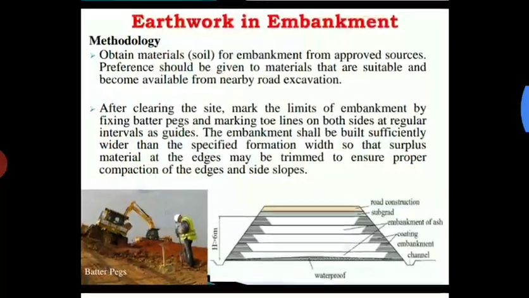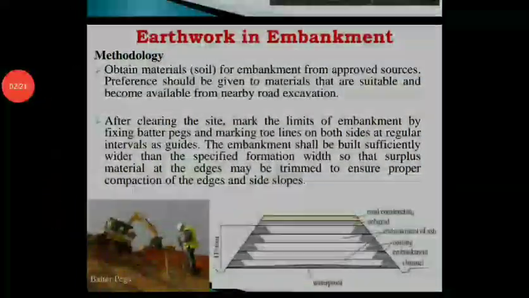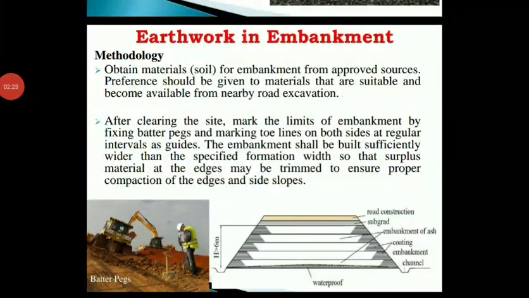First we'll see what an embankment is. An embankment refers to a volume of earthen material that is placed and compacted for the purpose of raising the grade of a roadway above the level of the existing surrounding ground surfaces.